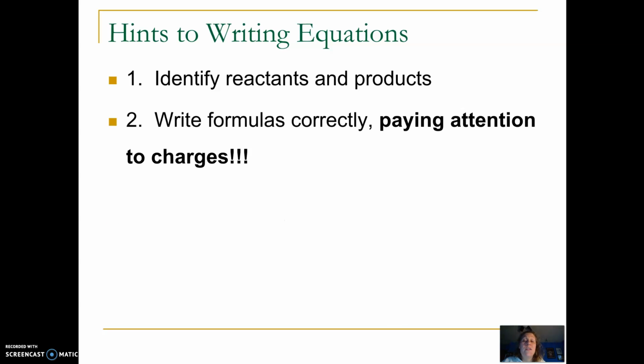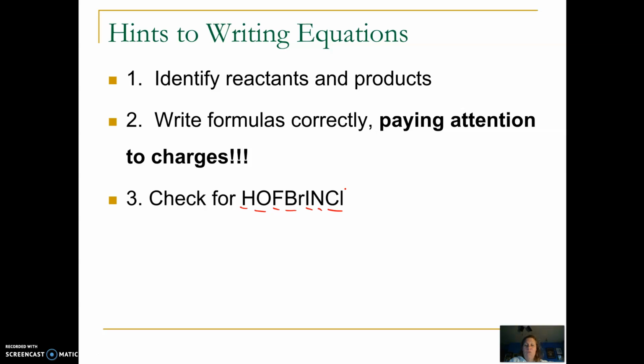Write the formulas, and don't forget, these are all going to be ionic compounds, except maybe carbon dioxide gas. That's pretty much the only molecular compound we're going to deal with, carbon dioxide. So pretty much every time you have to pay attention to charges, use your periodic table. Check for the Hofbrinkels: hydrogen, oxygen, fluorine, bromine, iodine, nitrogen, chlorine.